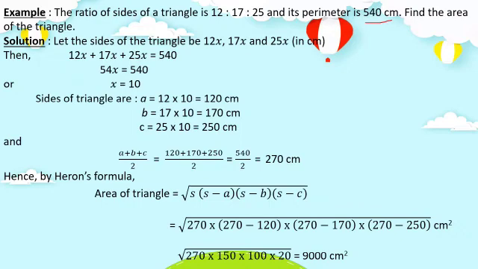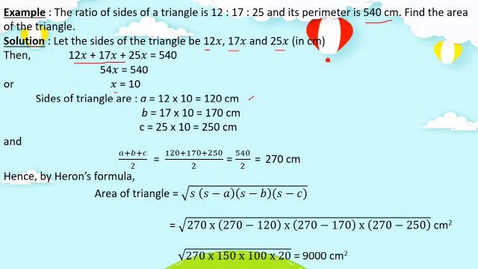For that, let the sides of the triangle be 12x, 17x and 25x. Then 12x plus 17x plus 25x is equal to 540. That is 54x is equal to 540, x is equal to 10. Therefore, sides of the triangle are A is equal to 12 into 10 is equal to 120 centimeter.